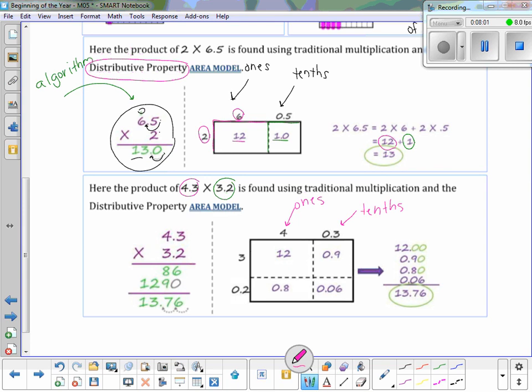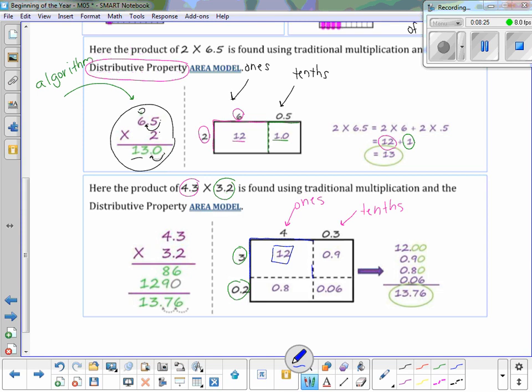Same thing with the 3 and 2/10. We have the ones place and the tenths place. All right. So if we multiply 3 times 4, what do we get, everybody? 12. Thank you for your help. Okay, 3 times 4. I'm kind of thinking of the length of the edges to do that.